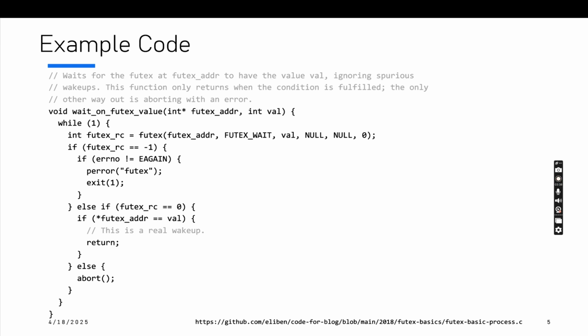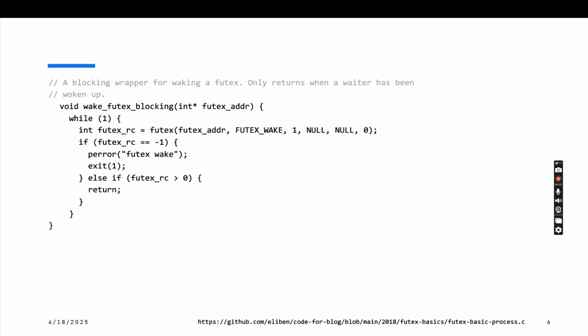This piece of code here is a wrapper function that the developer had designed to put a Futex into a waiting queue and wait for a specific value to be presented. And then they also created a wrapper function for waking up other Futexes that are acquiring a lock after it's been released.